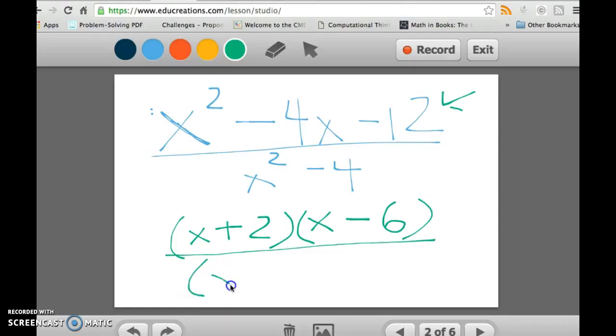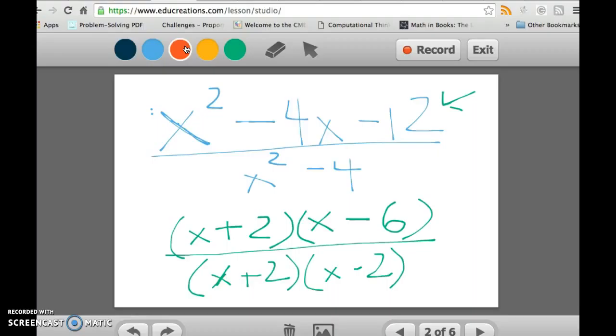Well, that's x plus 2 times x minus 2. And then it's just a matter of, now we've got common factors. This works the same way now as it did on the previous page when it was just x that was a common factor.